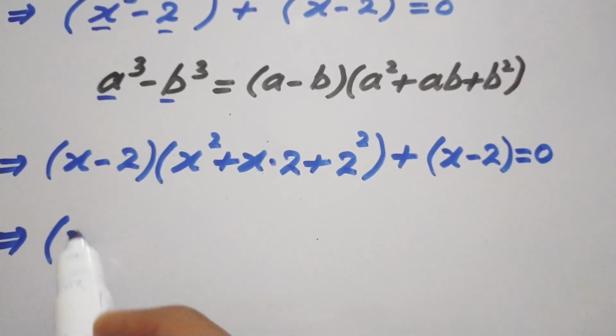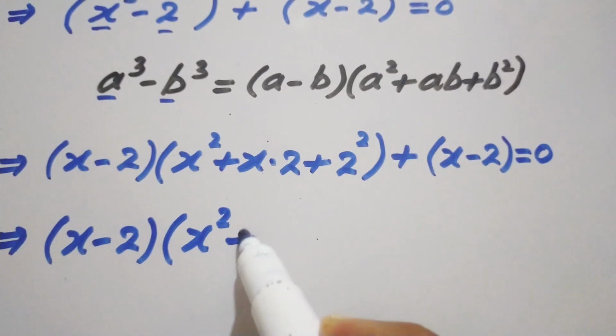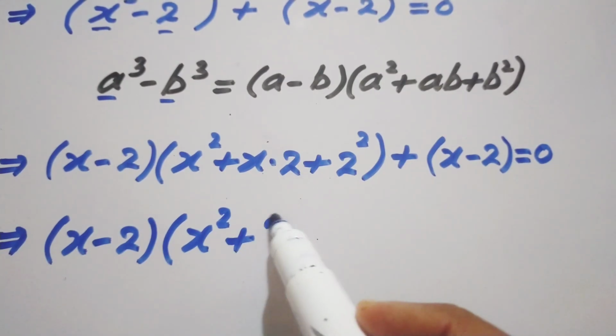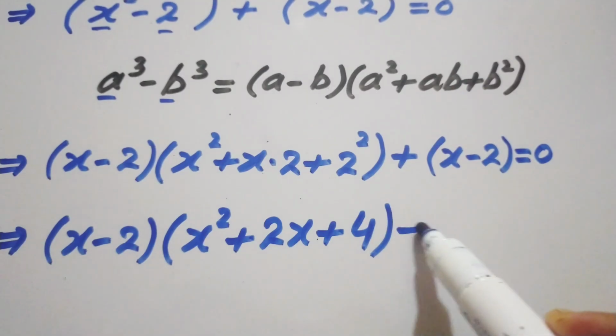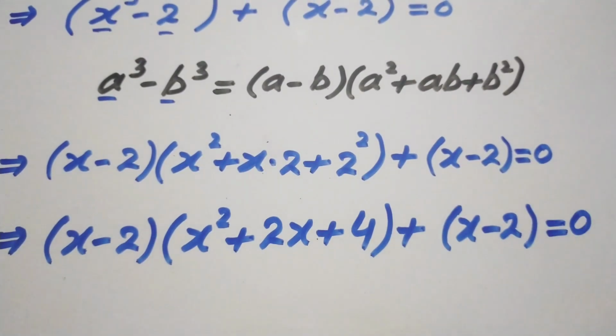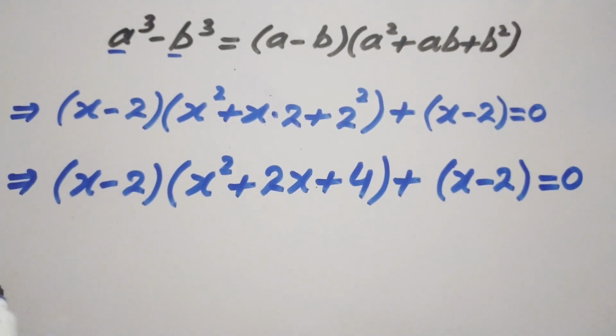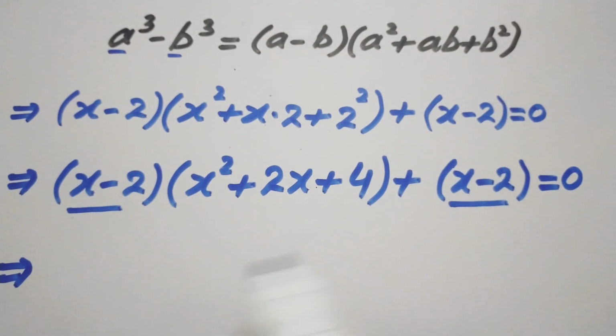Now x minus 2 into x squared plus x multiplied by 2, 2x, plus 2 squared, 4, plus x minus 2 is equal to 0. Now we can take x minus 2 as a common factor.